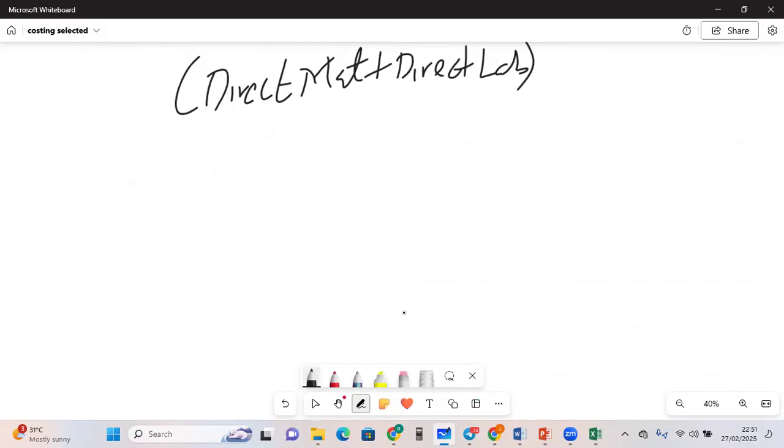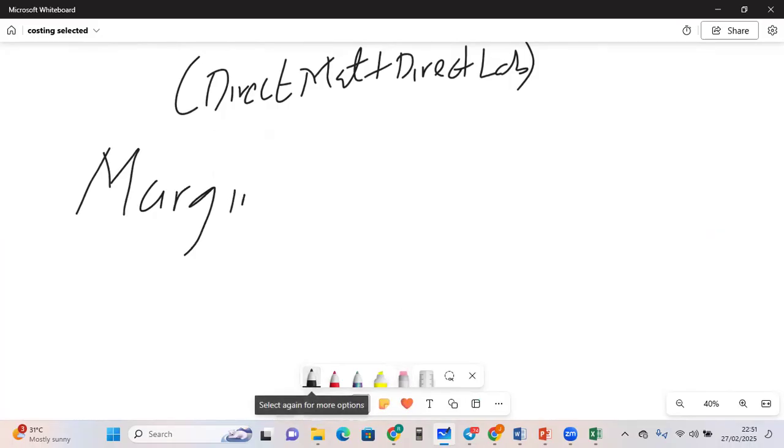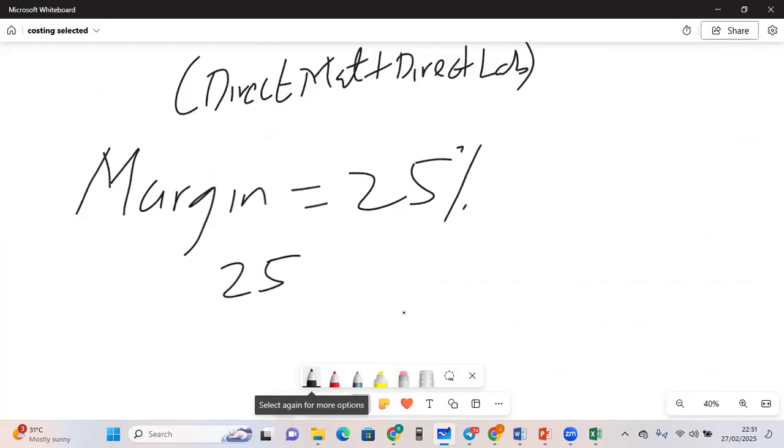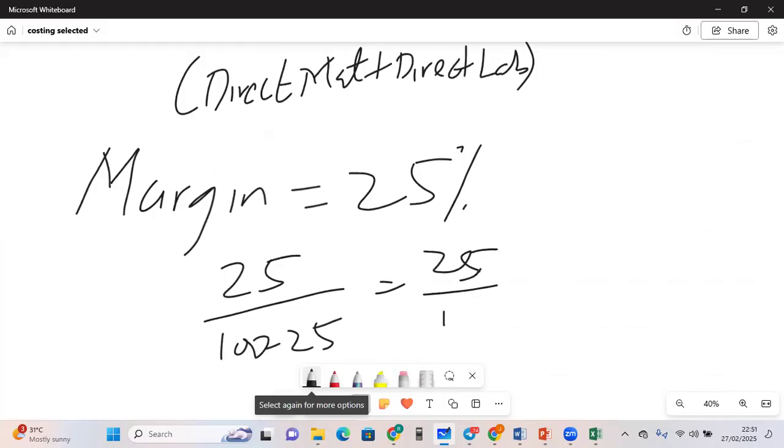Since we have cost, margin is 25%. Now if you want to convert margin to markup, it is 25 over 100 minus 25, that is 25 over 75. That's what you are going to get.